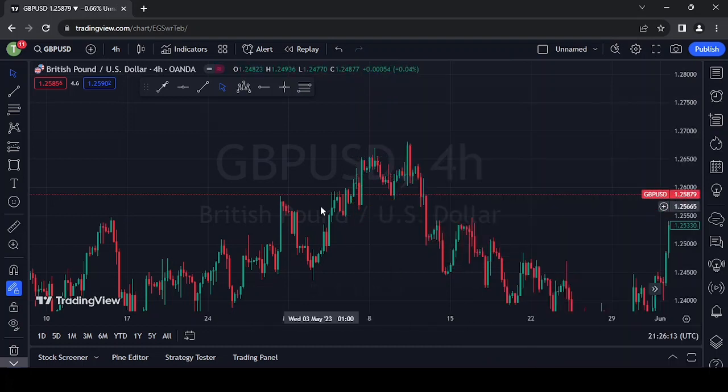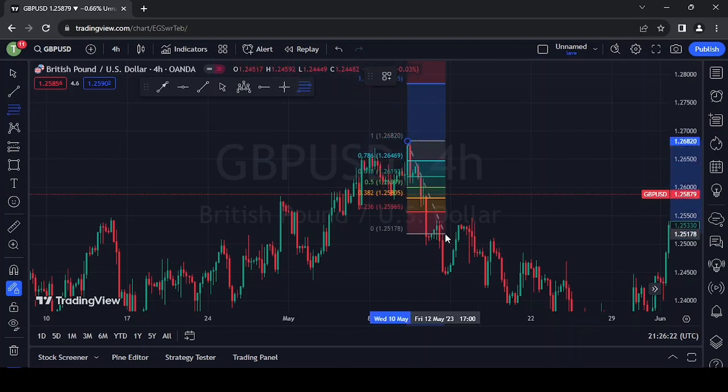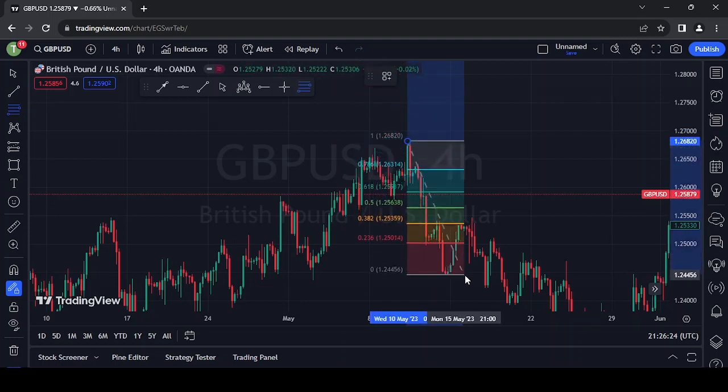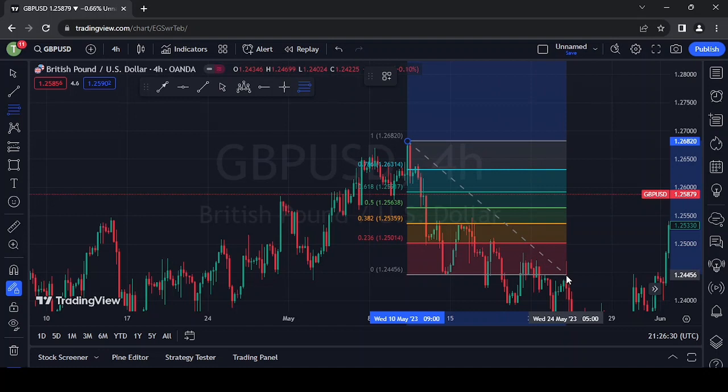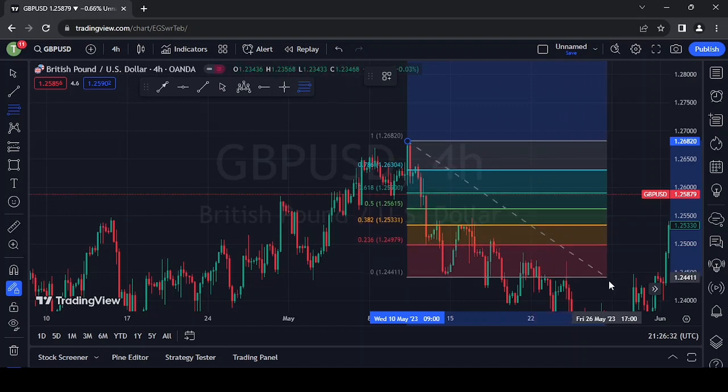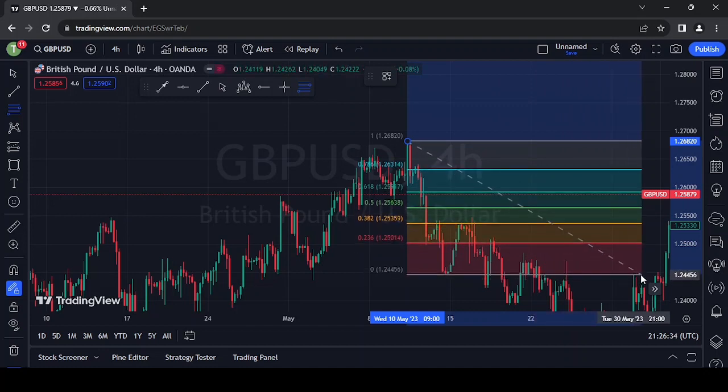I'm removing that. So back to the Fibonacci. I'm placing it again so that you can have an opportunity of seeing it. You can extend it to the right where price is yet to trade into.